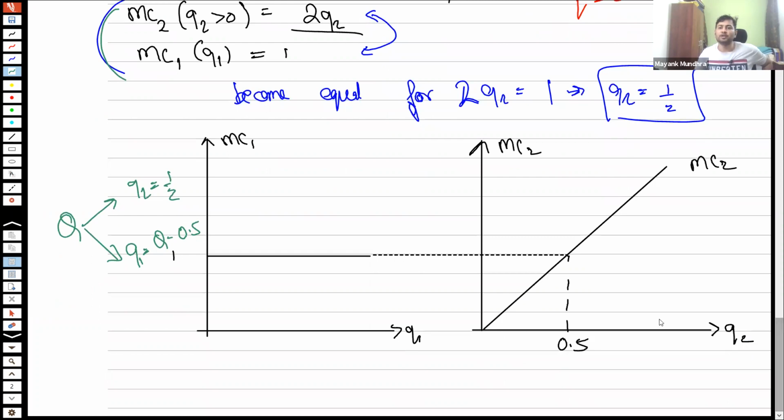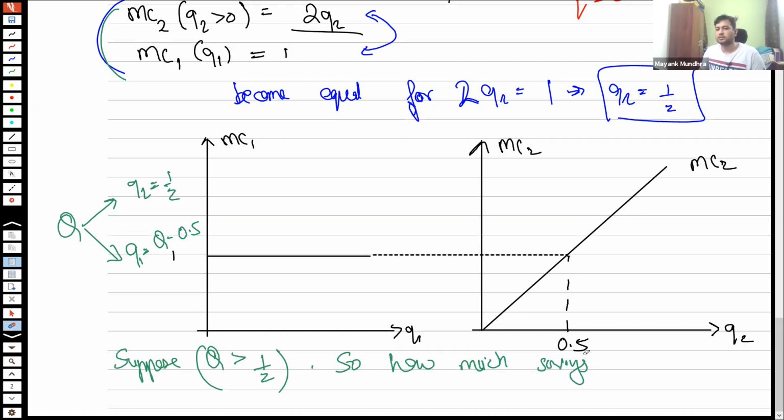So by doing this shifting, suppose capital Q is greater than half. How much savings does plant 2 create?